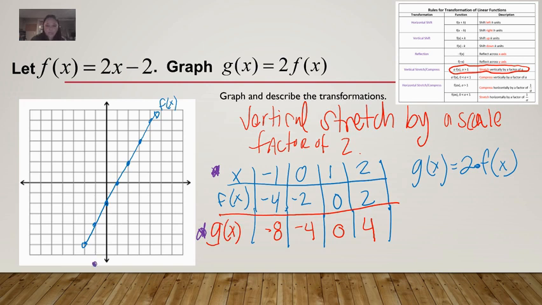That's 1 point. And then I have 0. The x is 0. My g of x is now negative 4. So 0, negative 4. And I have 1 and 0. Same point right there. And I have 2 and 4.